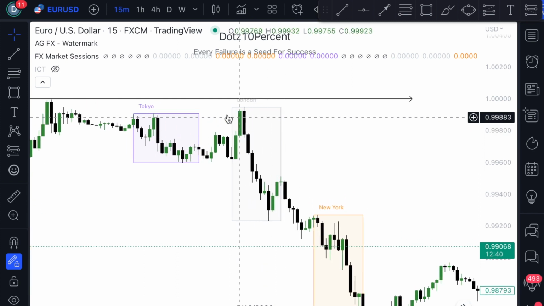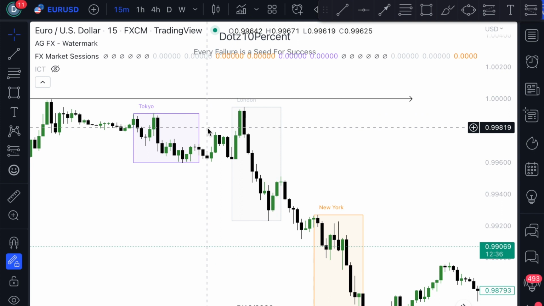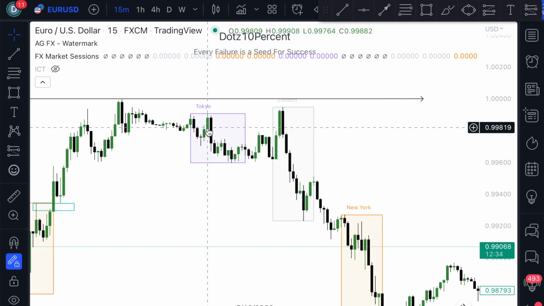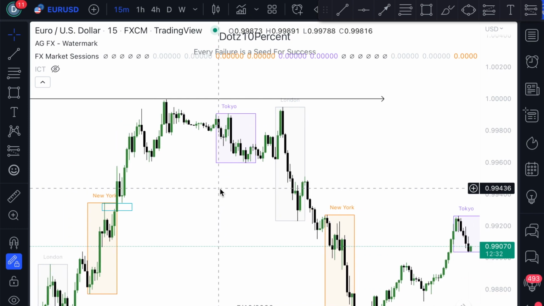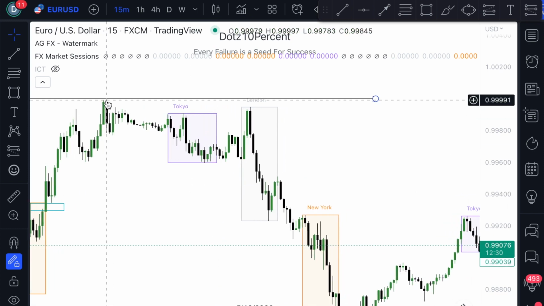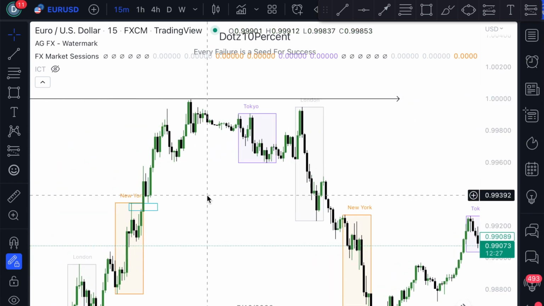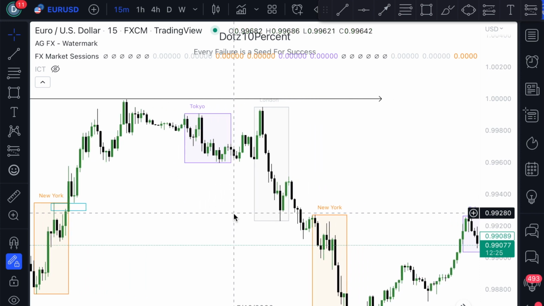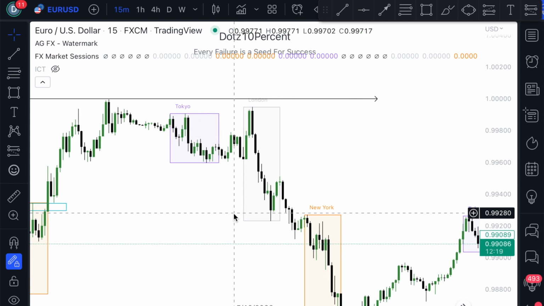So cool. London now runs Asia's high. Now my ears are up. What's the next thing I can expect to run on? Previous daily high, right? Which is this high over here. We don't get that run. So first of all, I would have been feeling a bit suspicious about this trade.